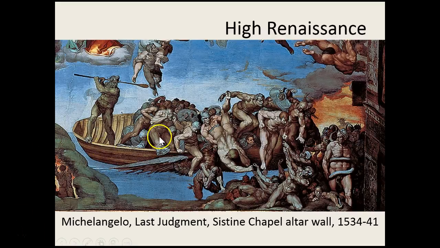Here's another detail. This is where the souls are dragged down to the boat where they will cross the river into hell, which is manned by this figure here. And again, look at this figure. They're really heavily muscled figures.